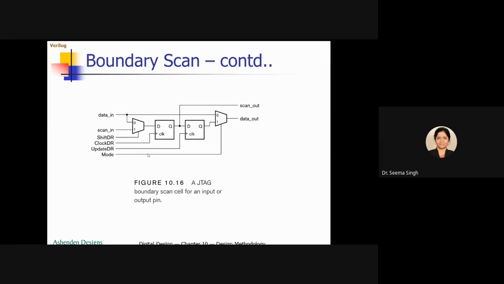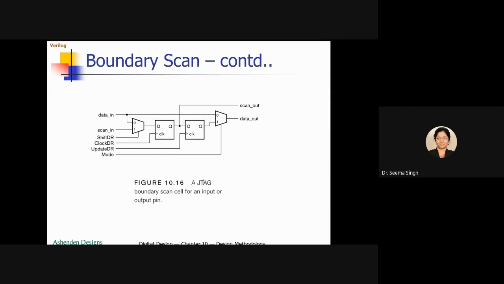The clock is clock DR and update DR, and this is your shift DR. Shift DR means whatever is going as scan in will come here, and this will work with this clock. This D flip flop will work with this update DR clock, and the scan in data will flow from here through this D register, and then it will come. Also in between, scan out is happening, meaning it is trying to access this specific wire data. So this is what is happening in one of the components.